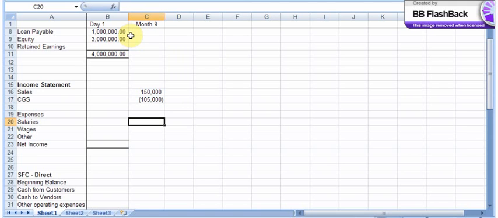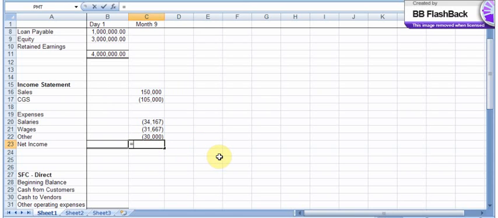And then we want to write in the other expenses. So we have salaries of $34,167. Put a negative sign in front of it. We have wages of $31,667. Put a negative sign in front of it. And we have other expenses of $30,000. Put a negative sign in front of that. And now we can take net income.